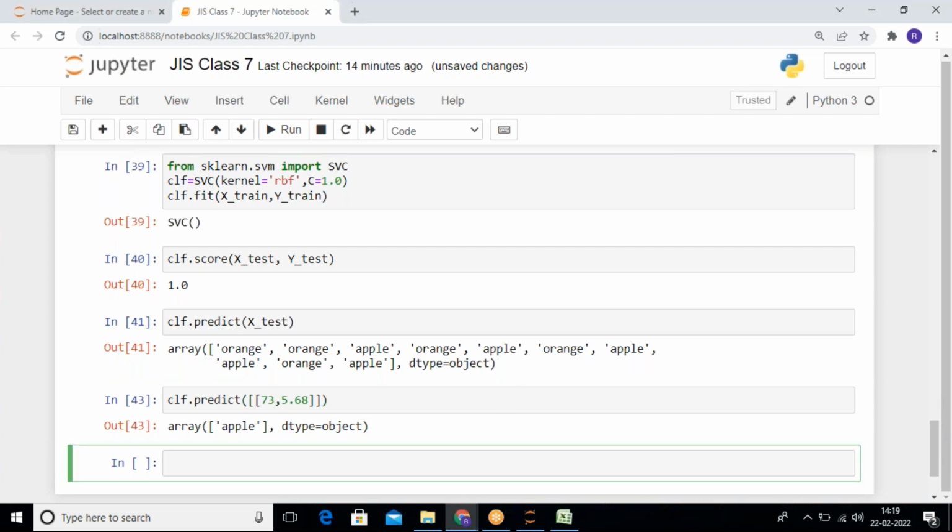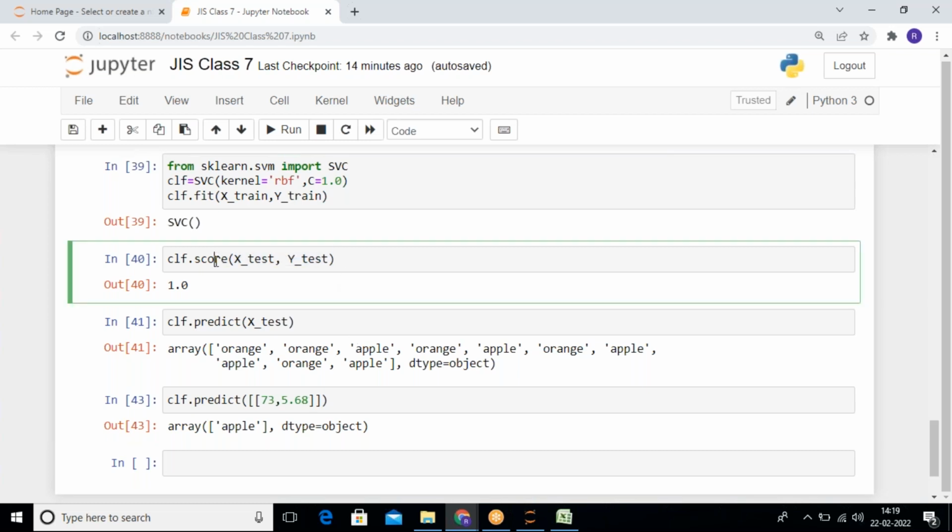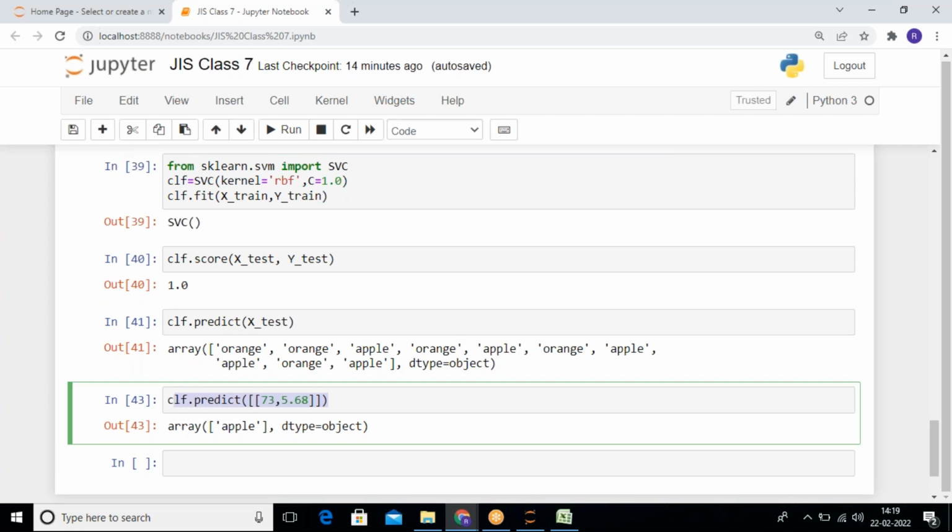Can we check for any unknown value? See, Darshan, I trained the model, and here I just validated the model to see whether it is working or not. It's working perfectly.